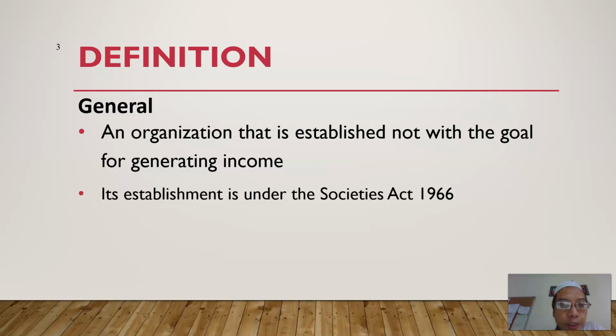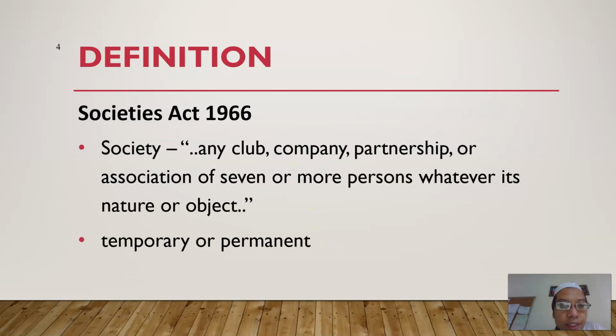In Malaysia, non-profit organizations are established under the Societies Act 1966. The Societies Act 1966 defines a non-profit organization as any club, company, partnership or association of 7 or more persons, whatever its nature or object.